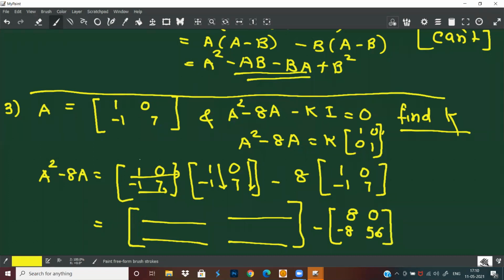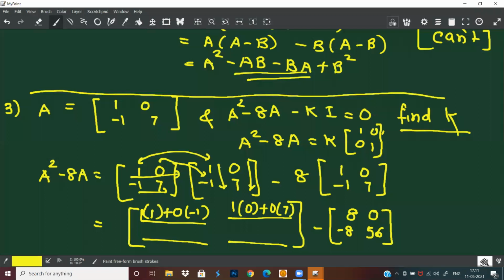अभी मल्टीप्लाई करो, सी this into this plus this into this. So it is 1 into 1 plus 0 into minus 1. You want me to write in detail? I can. इसके लिए you will use the same row but other column. So it is 1 into 0 plus 0 into 7.